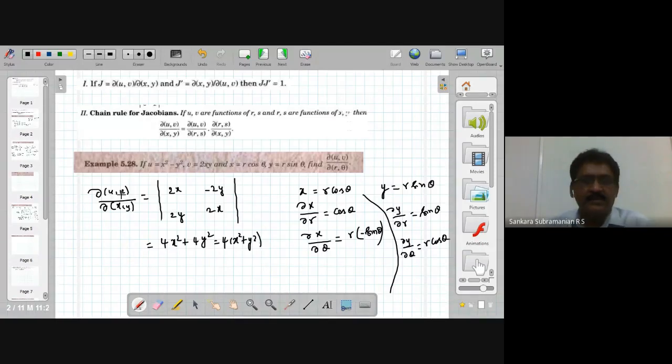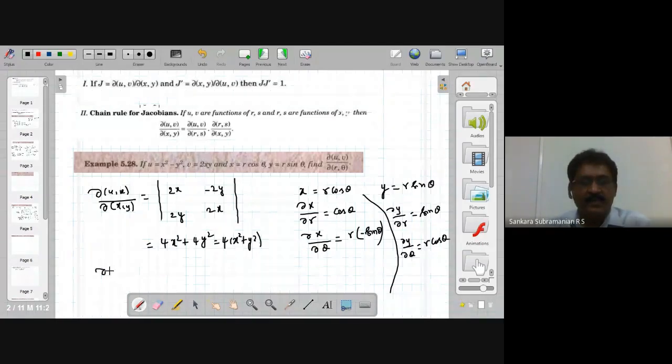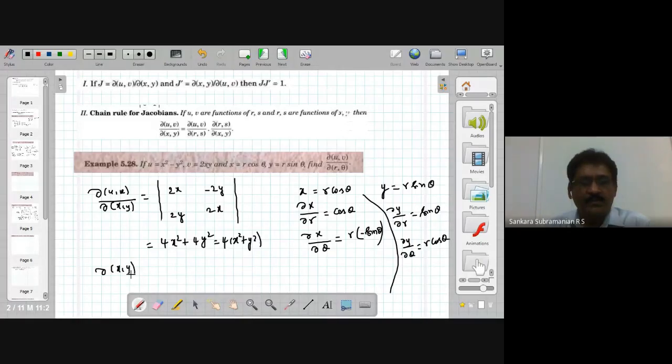Now let me find the other one: the Jacobian of the variables x, y with respect to r and theta. The formula here is ∂x/∂r, which is cos theta. ∂x/∂θ is minus r sin theta.